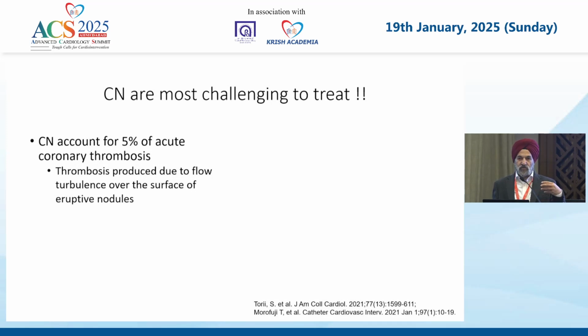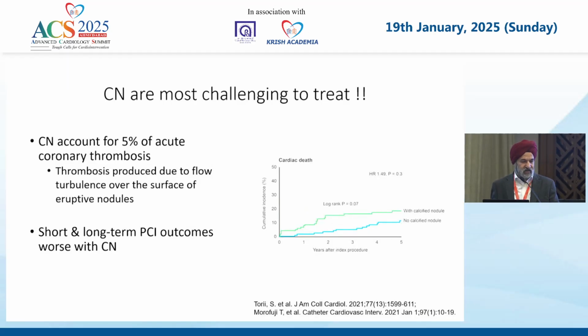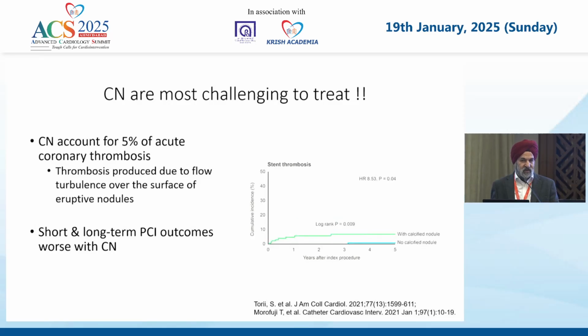That's probably because of thrombus formation over the surface, and they are associated with very poor outcomes. As you can see on the slides, the MACE rates are very high, and the other long-term outcomes are equally bad. Cardiac death is on the higher side, you have TLR rates on the higher side, and you have more stent thrombosis. So this is a very difficult subset.